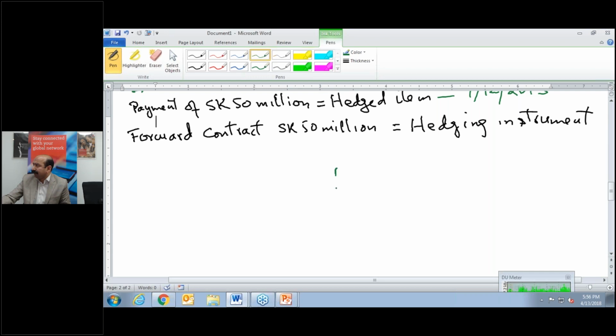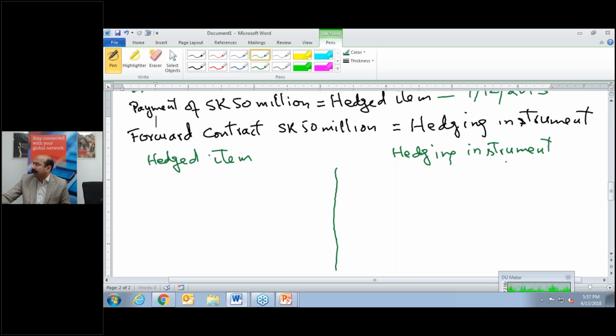If I subdivide my page, here I will be calculating the gain or losses for hedged item, but will not be passing any double entry. I am repeating again and again, I'll not be passing any double entry. And here I'll be calculating gain or loss on hedging instrument, which is the forward contract, and I will be passing the double entry to incorporate the effect of gain or loss on the hedging instrument.